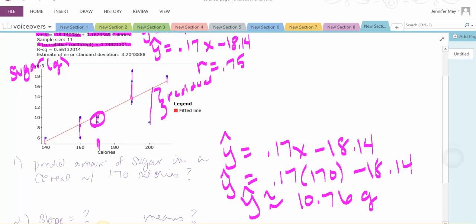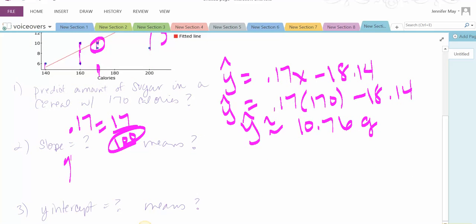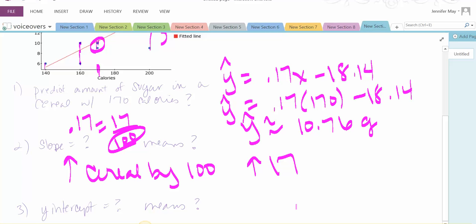Some other questions that you might be asked is, what is the slope and what does it mean? Your slope in this problem is 0.17 or 17 over 100. So the way to interpret that is, on average, for every 100 calories that your cereal increases, then on average we're increasing the sugar by 17 grams.